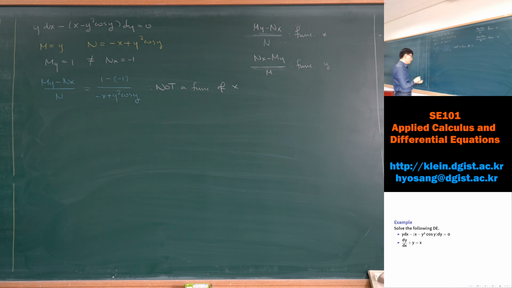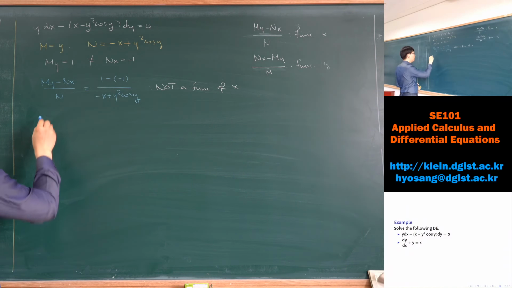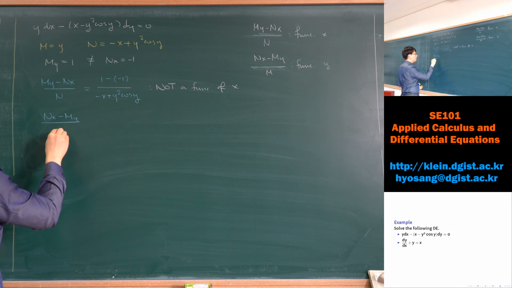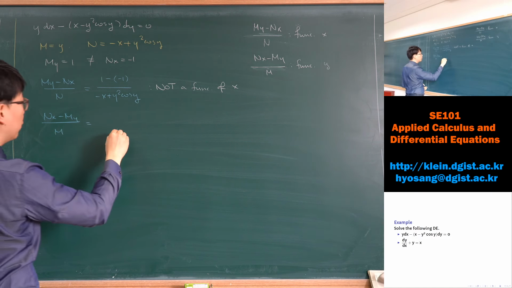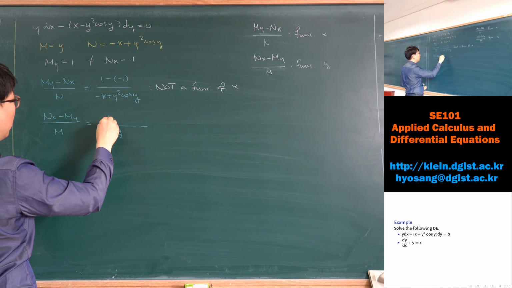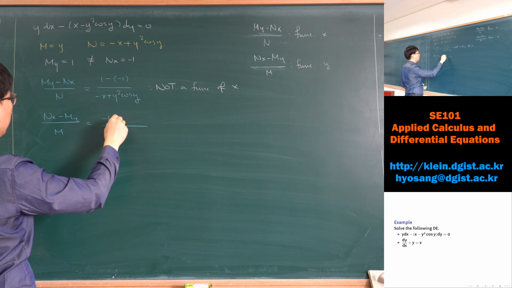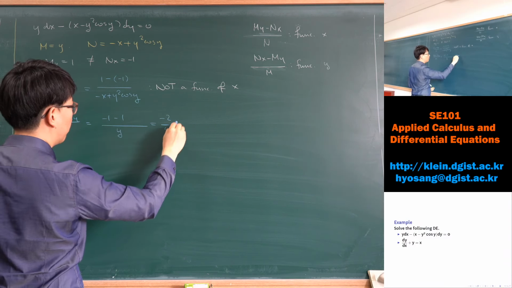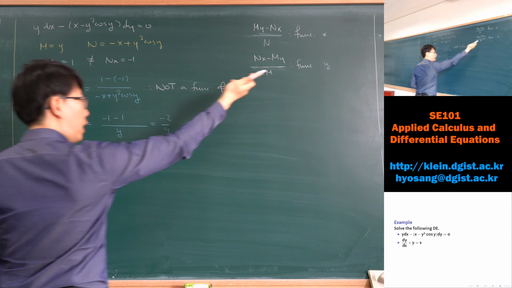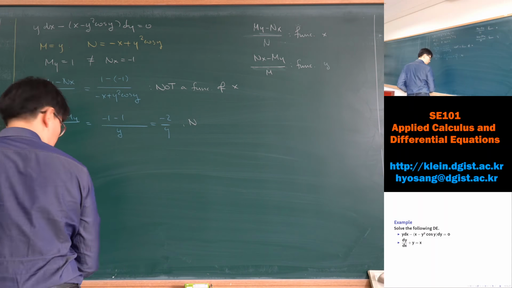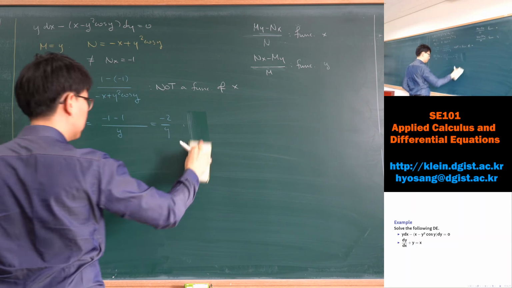So this cannot work. Let's look at the second one. We have (nx minus my) over m, where the denominator is y, nx is minus 1, and my is 1, so minus 2 over y. Now this is a function of y. That's what we required here, right? So it is a function of y.